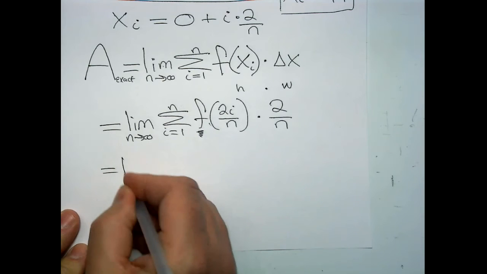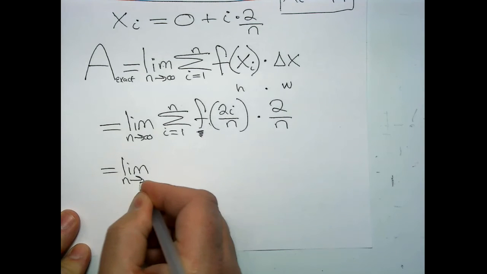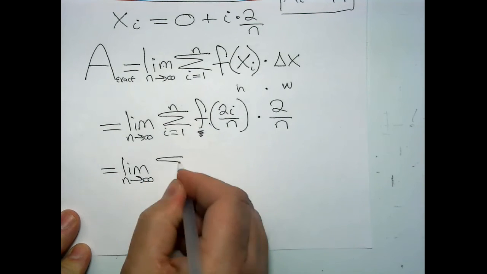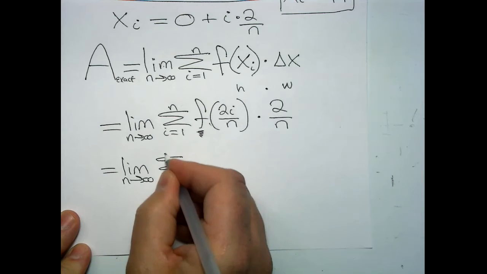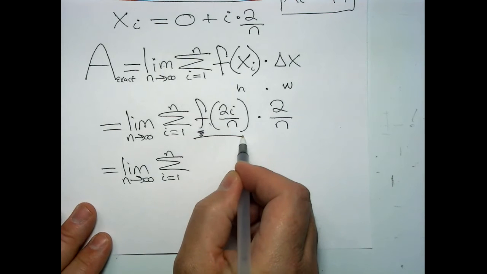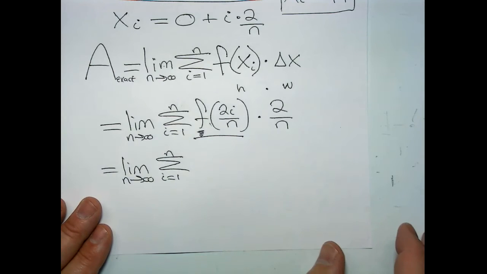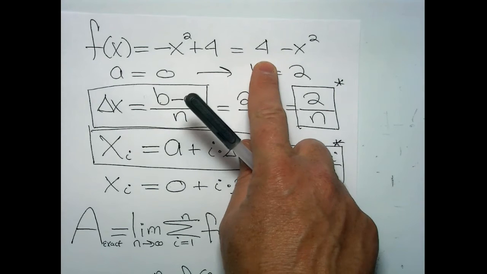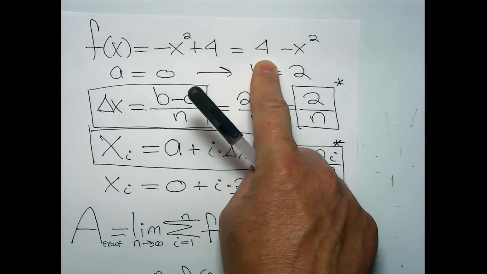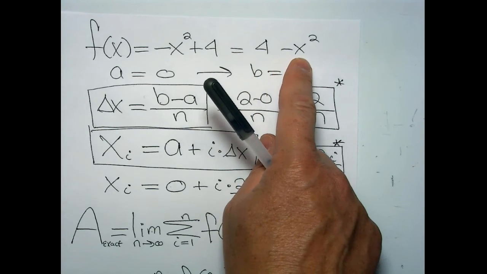So let's copy the limit. Let's copy the sigma. And let's execute the function. Now, what does this particular function do? Okay, go back up here and take a look. This function says I always start with the number 4 and I take away input squared.